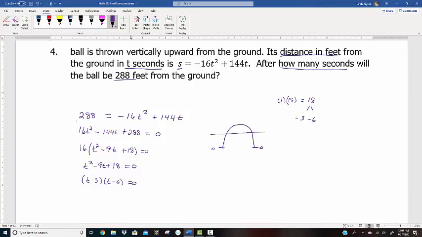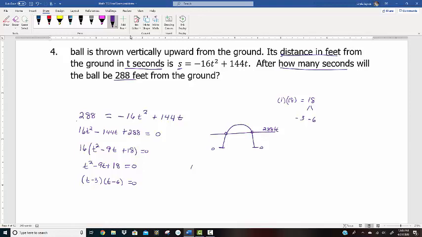Okay, let's just assume it's up here somewhere. 288 feet. If it crosses in the middle of your parabola, there will be 2 places that it would reach 288 feet when it goes up, curves, and comes back down. So it is possible to have 2 answers.